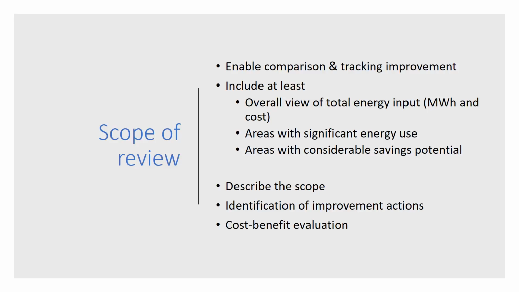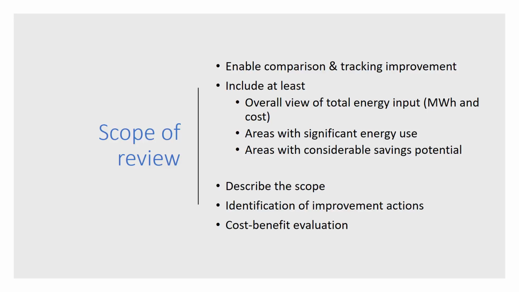When doing the review, you should at least make sure that you get an overall view of energy input and consumption, both in terms of units of energy consumed and the costs of the different energy sources. Next, you need to make sure that the areas of significant energy use are looked at in a little bit more detail, and also the areas in which there are believed to be considerable savings potential.